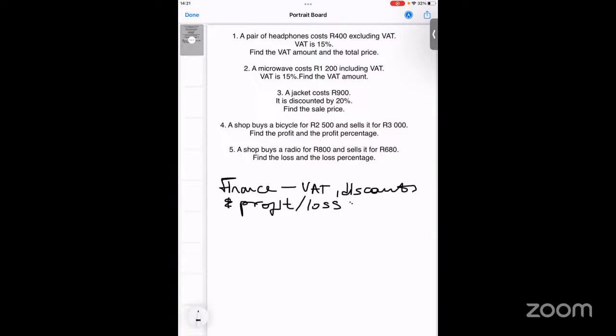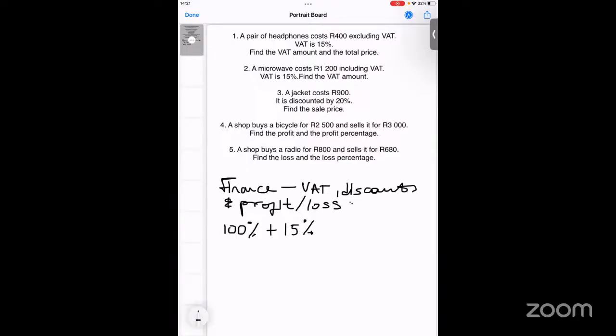When an amount includes VAT, it means you have paid 100% plus an extra of 15%. Let's just interpret it this way.